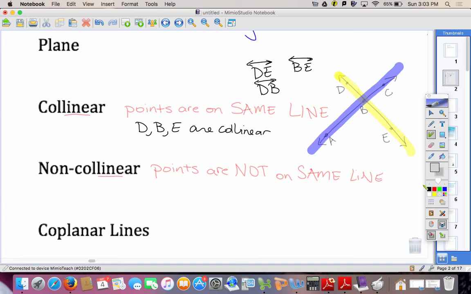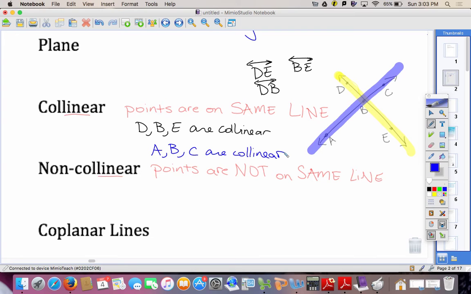Okay, so if I look at this now, what are my collinear points here? My collinear points in blue would be A, B, and C are collinear. Okay, but what points aren't collinear?